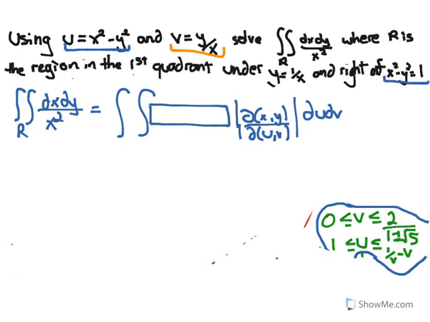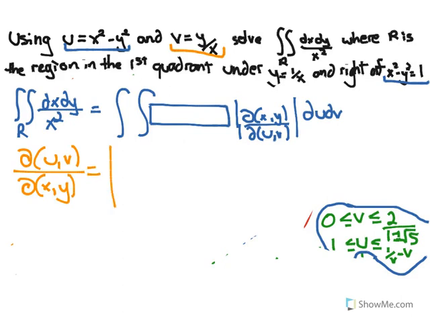However, u and v are already given to us in terms of x and y. So we can flip this on its head and actually solve for our Jacobian of u and v with respect to x and y. And we'll see what we get there.